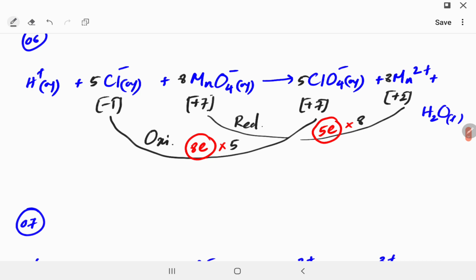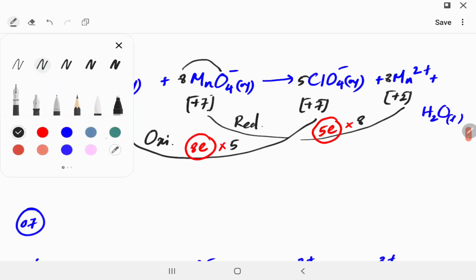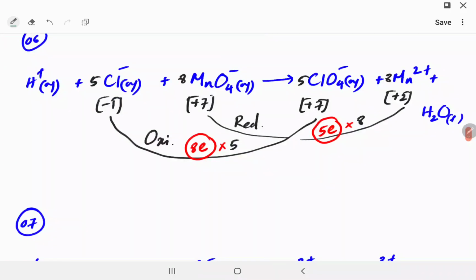Okay, all right, so now chlorine and manganese should be balanced on both sides. What we do now is balance oxygens. So let's worry about oxygens. In the reactant side, you have 8 times 4. Let me use a different color. It is confusing if I use the same color. 4 times 8 is 32. 32 oxygens on this side.